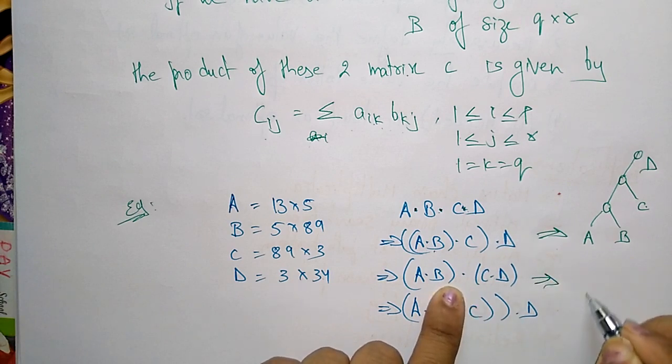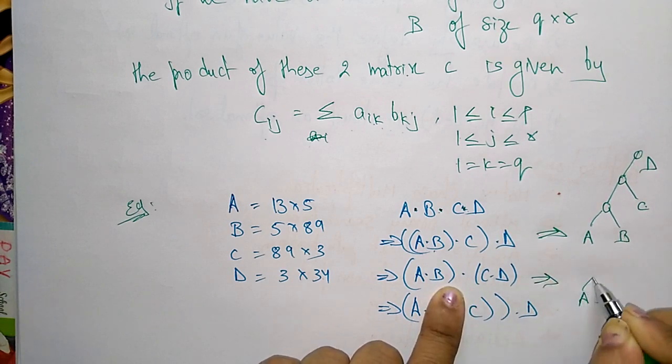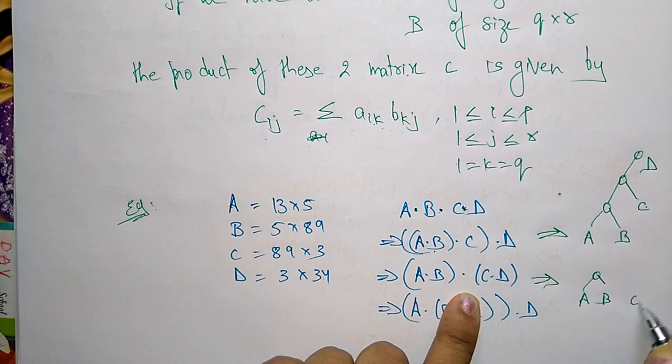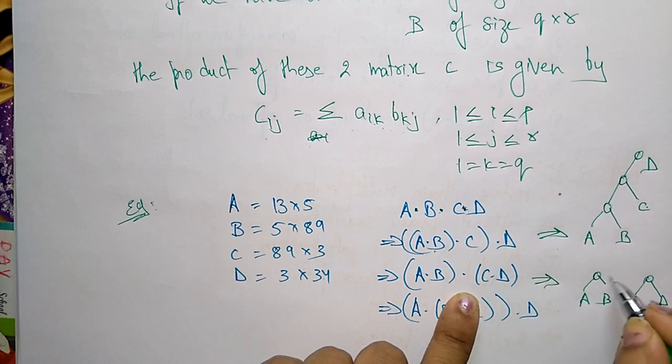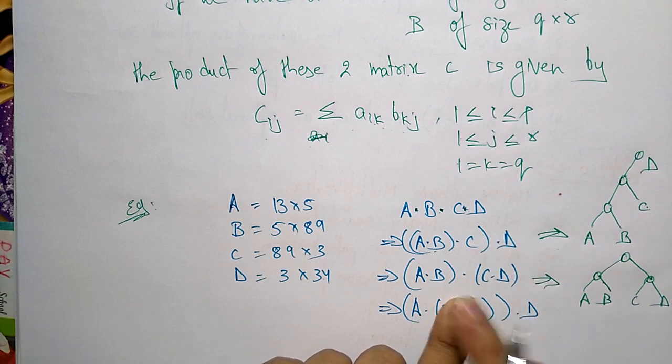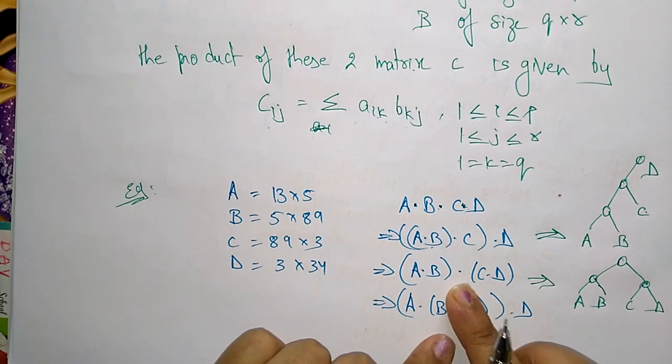In another, A and B are multiplied first, next C and D are multiplied, and both results are multiplied again. This is the tree structure for this equation.